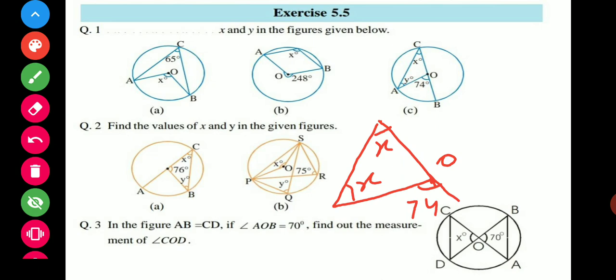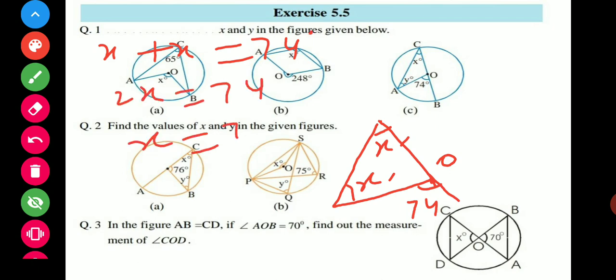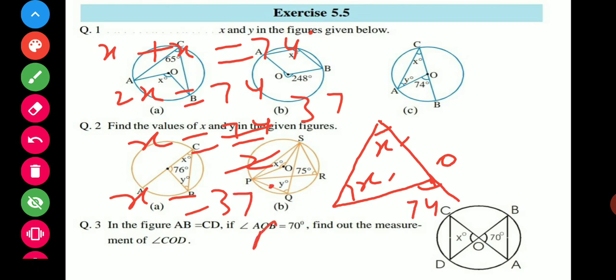So what will happen? The sum of these two angles is always 74 degrees. So you can write here x plus x is equal to 74 degree. So 2x equal to 74. So x equal to 74 divided by 2. 2 3s are 6 and 2 7s are 14. So x equal to 37 degree. That is your answer.